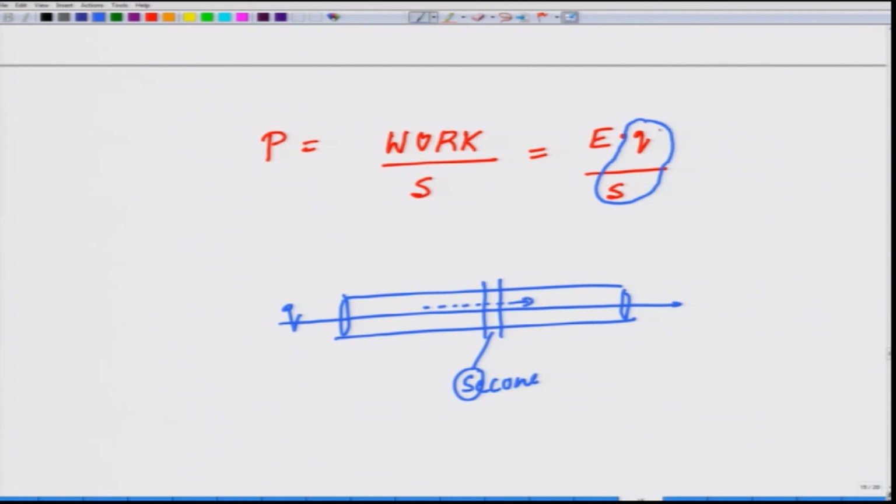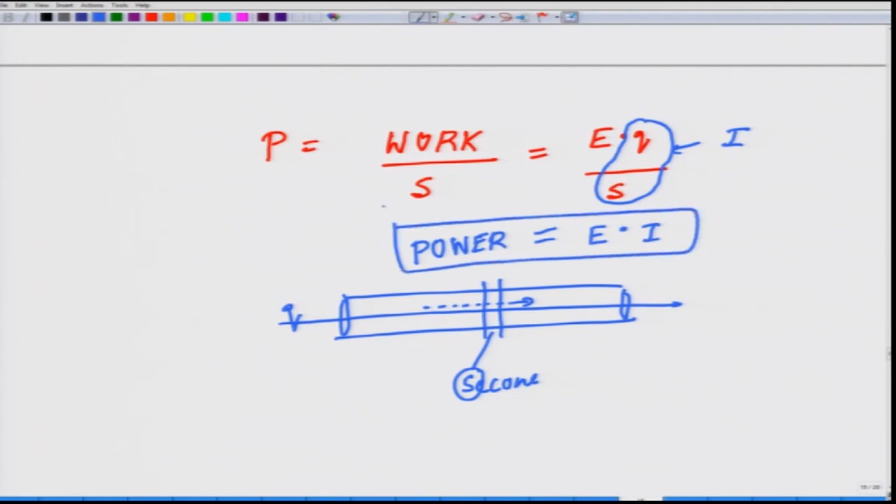That is what we call current, so q upon s. Then power becomes a product of voltage multiplied by current. P is equal to EI, because q by s is current, and we can write it as I.